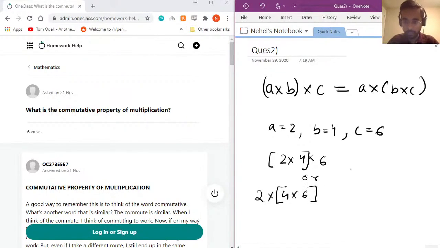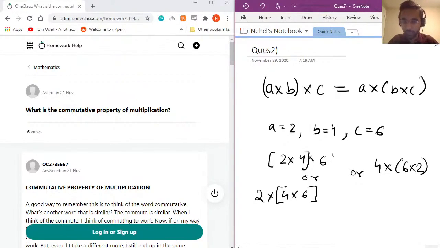Or there is a third way as well, which we can write in terms of brackets, where we keep the 4 out and say it's 6 times 2. So these are all equivalent. We can write it in any of these forms, but some people might be more familiar with the multiplication for 8 as opposed to the multiplication of 24 in this case or 12 in this case.